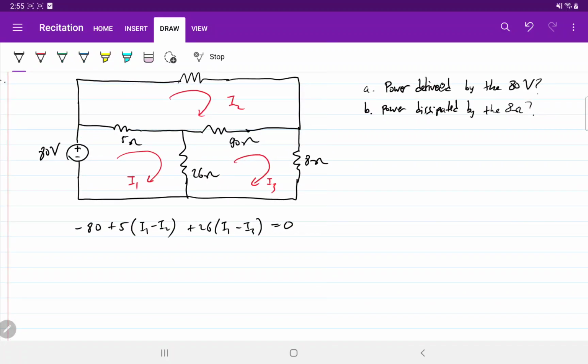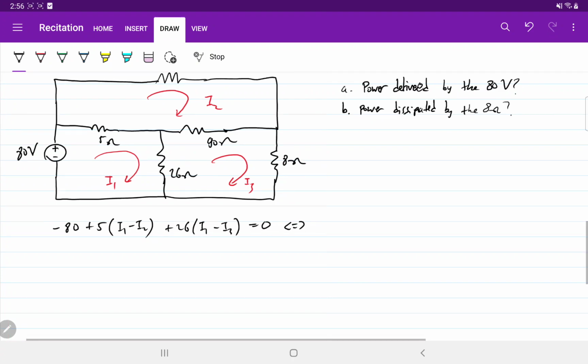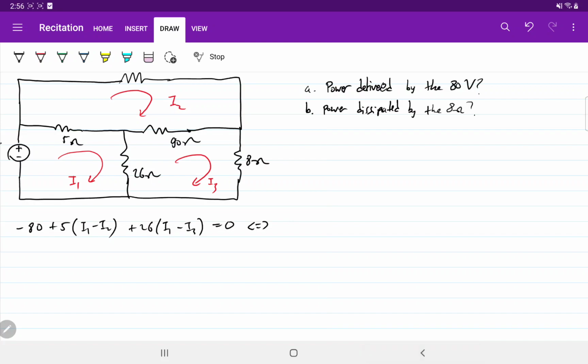So we can simplify this equation. It's 31 I1 minus 5 I2 minus 26 I3 equals 80.